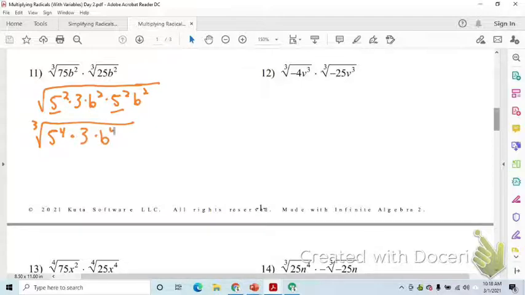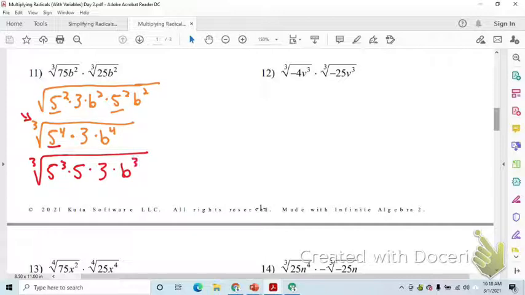So now I have to break some of these things down to make them easily take the third root, or cube root, of. So this is the third root. Now this 5 to the 4th, I'm going to break that down just like a variable into 5 to the 3rd times 5. That 3 is still there, and the b to the 4th, I'm going to break it down the same way, b to the 3rd times b. So now the third root of 5 to the 3rd is 5. I can take that out.